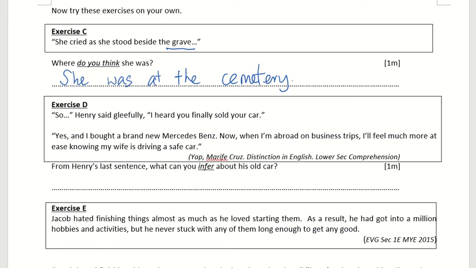So, what do you say about the old car? Actually, you need to find out what the contextual clue is. My wife is driving a safe car. So that tells you that his old car was not very safe to be driven.